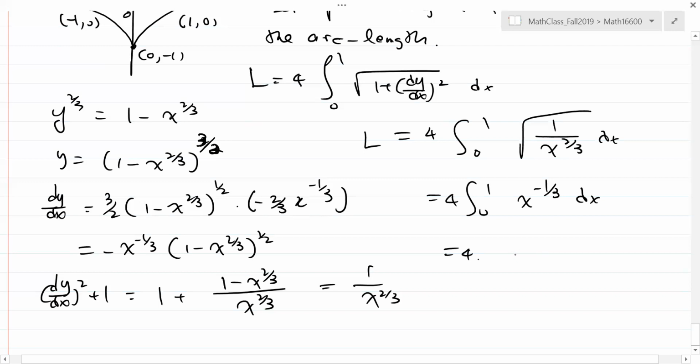What is the antiderivative? It's going to be 1 by 2/3, x to the 2/3, from 0 to 1. Okay. So I got 6. Wow.